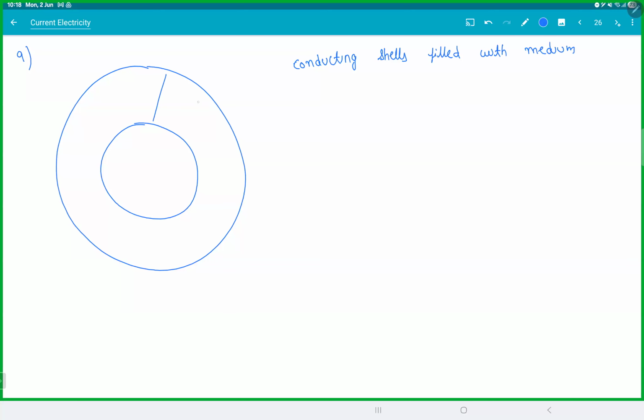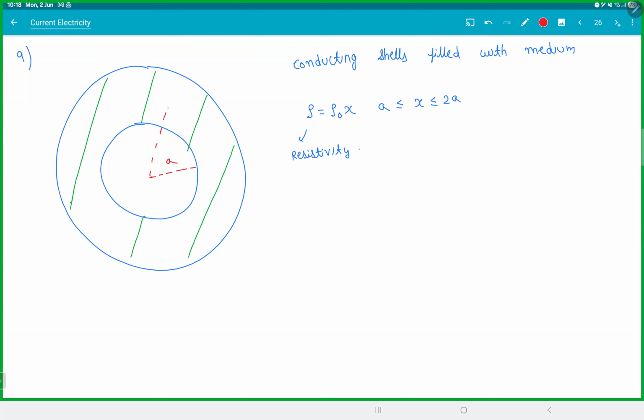So this entire space between them is filled with some medium, where rho is equal to rho naught x, where x lies between 2a to a. Rho is your resistivity. Rho naught is constant. This inner radius is a, the outer radius is 2a.